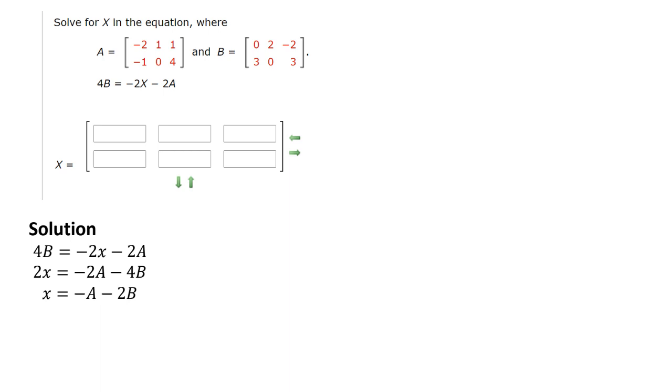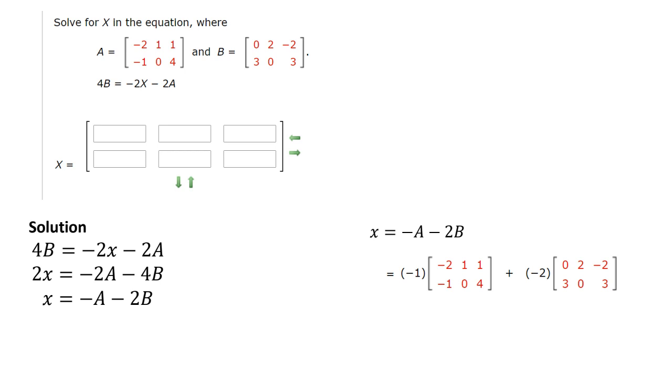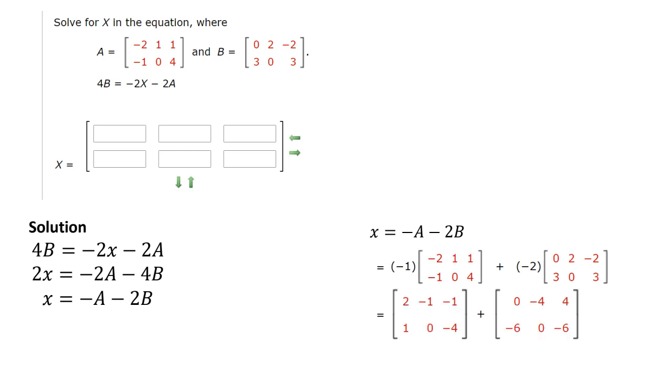So here I see that what they're asking me to solve for x here is just by multiplying a negative 1 to matrix A and subtracting it by 2 times B. So now I know what to do in order to solve for this matrix. Again, I'm going to set them up. And I'm going to go ahead and apply my scalar product to both.